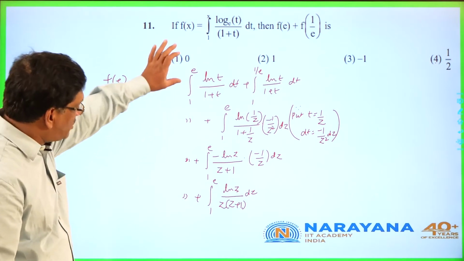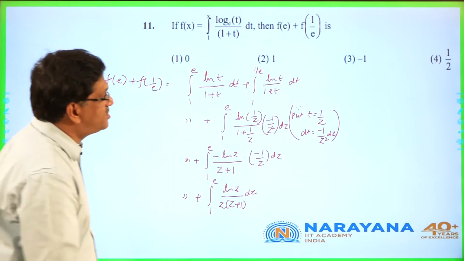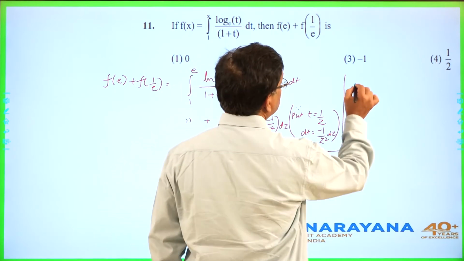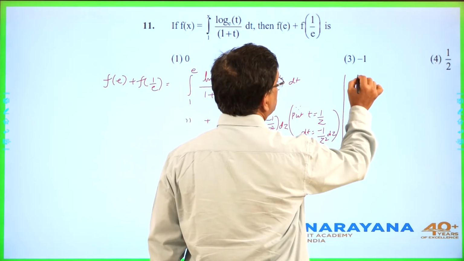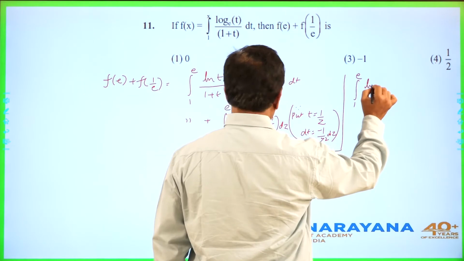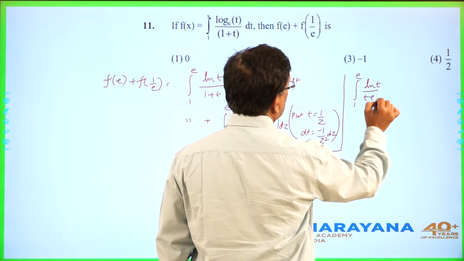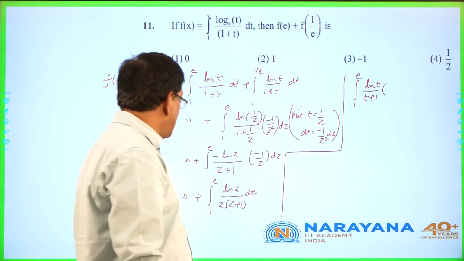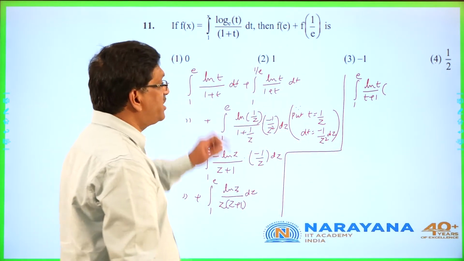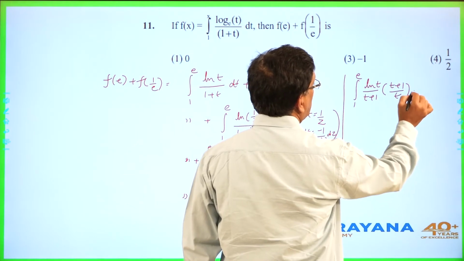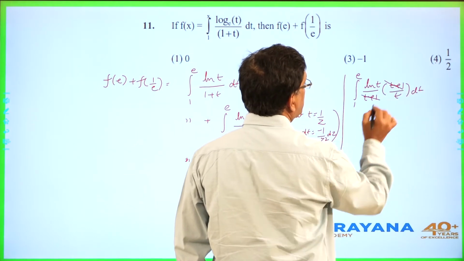So, since the first integral and second integral are same, we can simplify like this. Let us bring them into common integration 1 to e. While bringing, we can take log t by t plus 1 common. Then it is 1 by z plus 1. If you take LCM, t plus 1 by t dt, we can cancel.